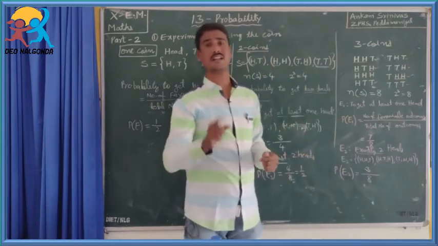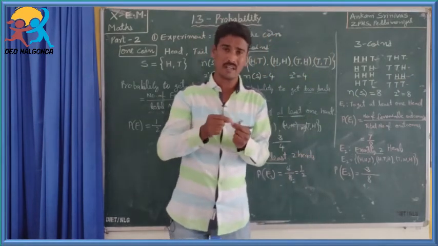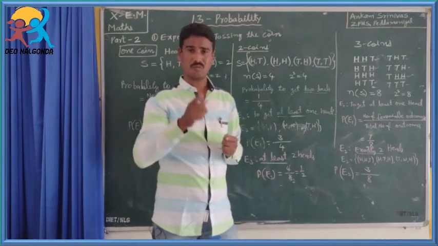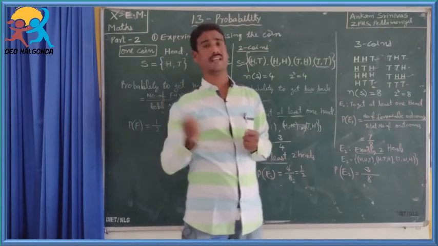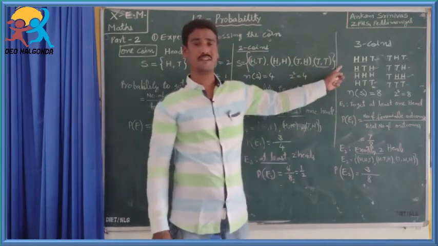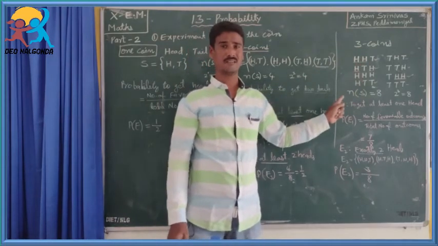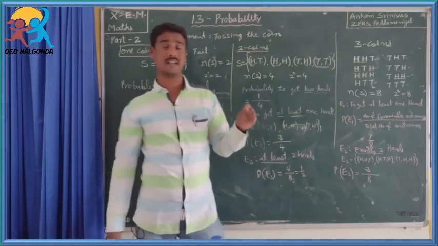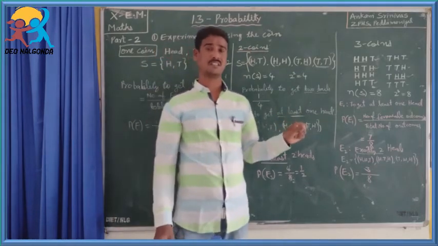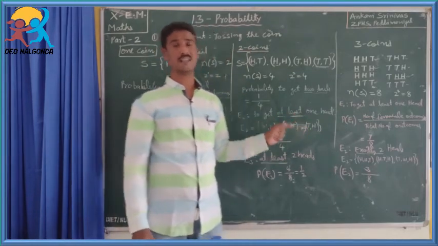What is the meaning of at least one tail? One tail or more than one tail. So there are 7 favorable outcomes. The total number of outcomes is 8. The probability to get at least one tail when tossing 3 coins at a time is 7 by 8.